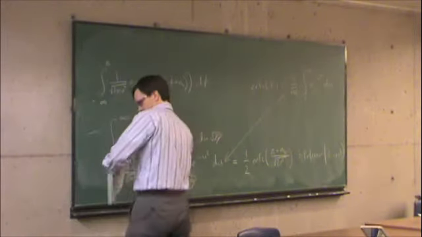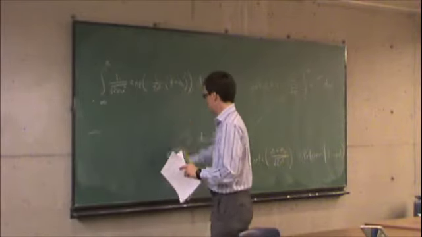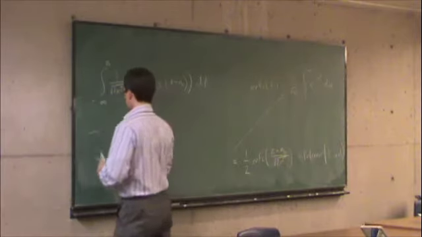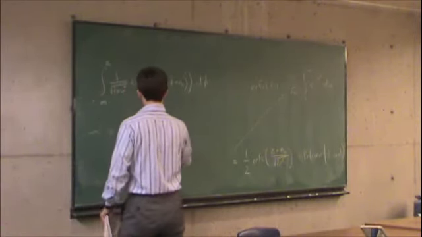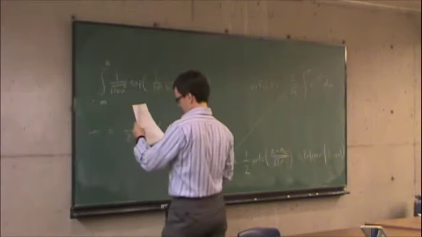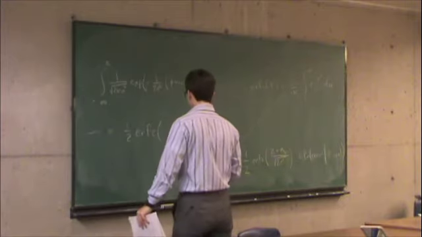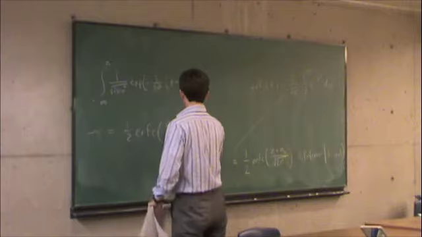I will leave it as an exercise for you to show that this is equal to 1/2 erfc of nb minus z divided by root 2 sigma squared.